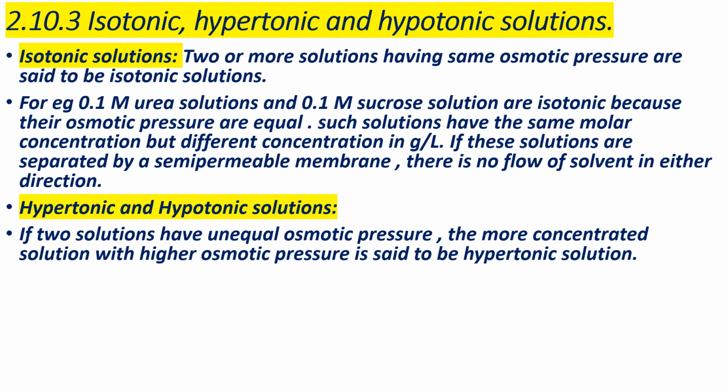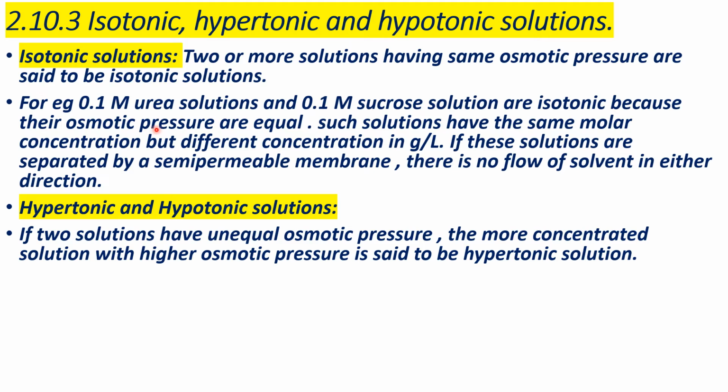2.10.3, isotonic, hypertonic and hypotonic solutions. Isotonic solution, a simple thing: two or more solutions having the same osmotic pressure are said to be isotonic solutions. For example, 0.1 molar urea solution and 0.1 molar sucrose solution are both isotonic to each other.